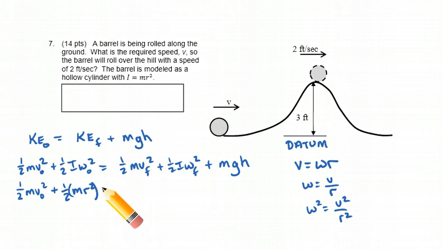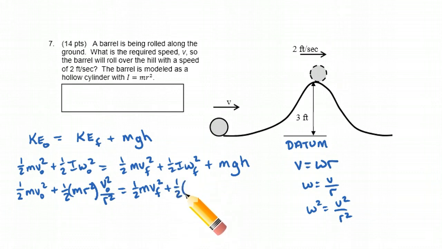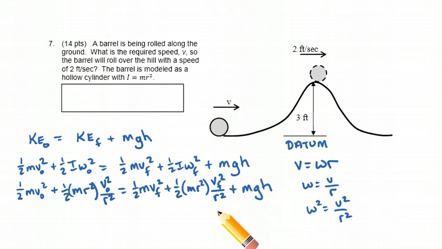So omega squared is v0 squared over r squared. That's going to be equal to 1/2 mass final velocity squared. We're given that value, so we can plug that number in. And this is going to be similar, 1/2 mr squared v final squared over r squared plus mgh. So there it is in symbolic terms.